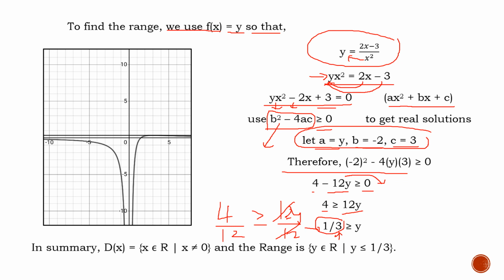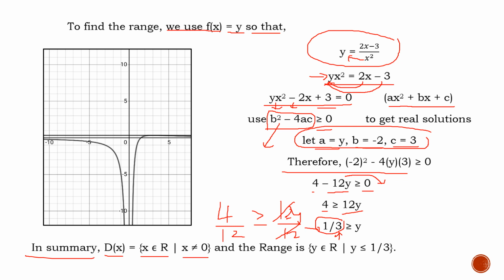So from this value of y, we can now move to the summary, because your y will be your dependent variable to your x, which is your independent variable. So in summary, we can say that the domain is x is an element of all real numbers and x is not equal to 0.